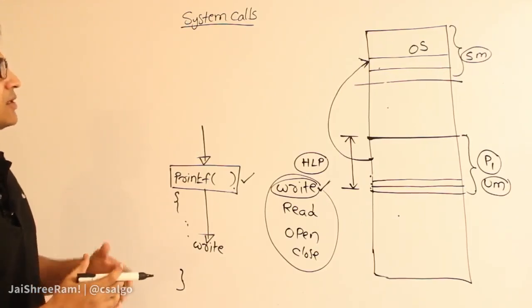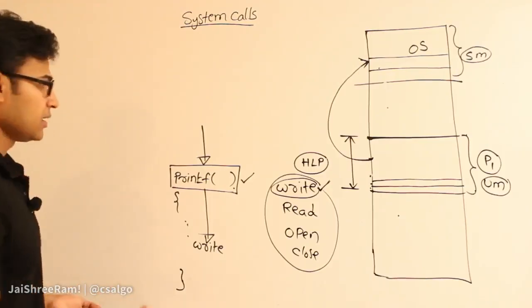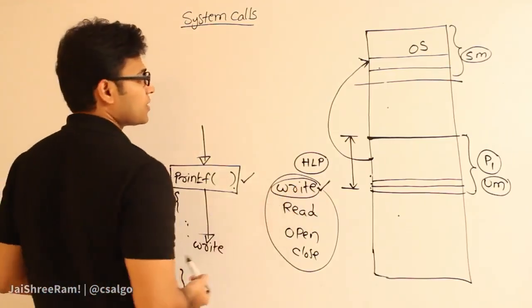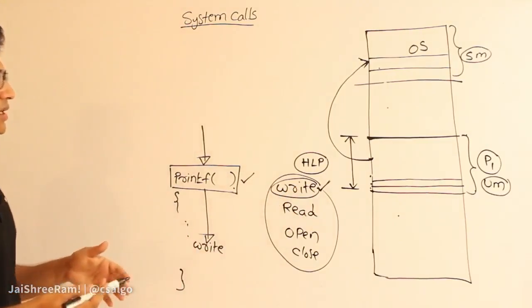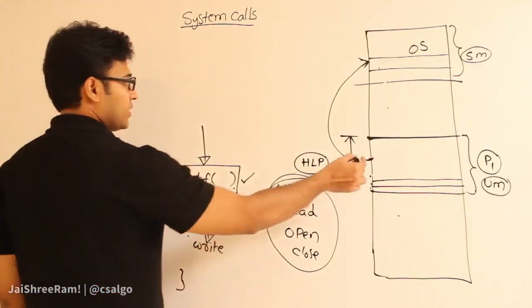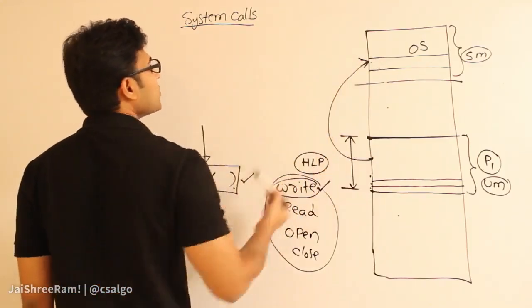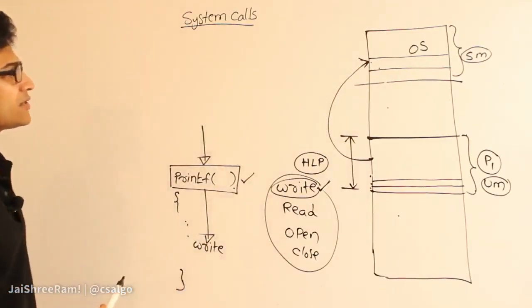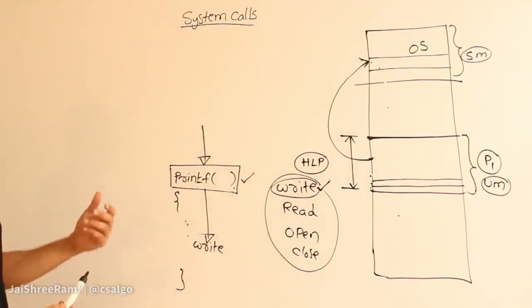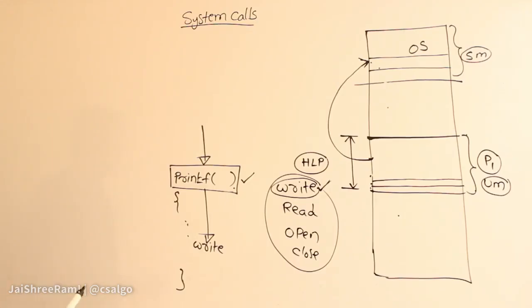Some parameters have to be passed for the function, right? From here, if you are calling write, the parameters have to be passed. And how are we going to pass the parameters? Again, it varies from system to system, and there are various ways.